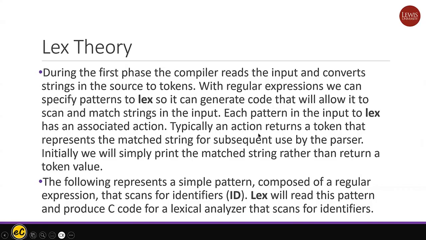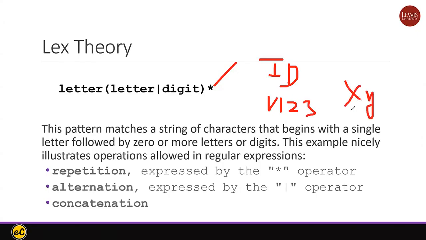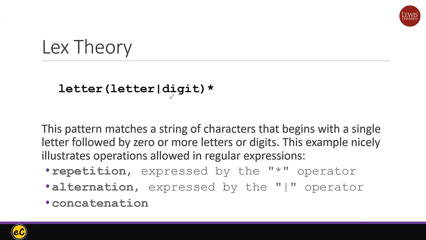But right here, we will actually look into another thing that's called lex theory. And in lex theory, here we have the letter or digit. Okay, so this one is the description for an ID, a variable like V123, X, Y variable. This is the so-called regular expression code. So star means 0 or more. This one means or, the option or.